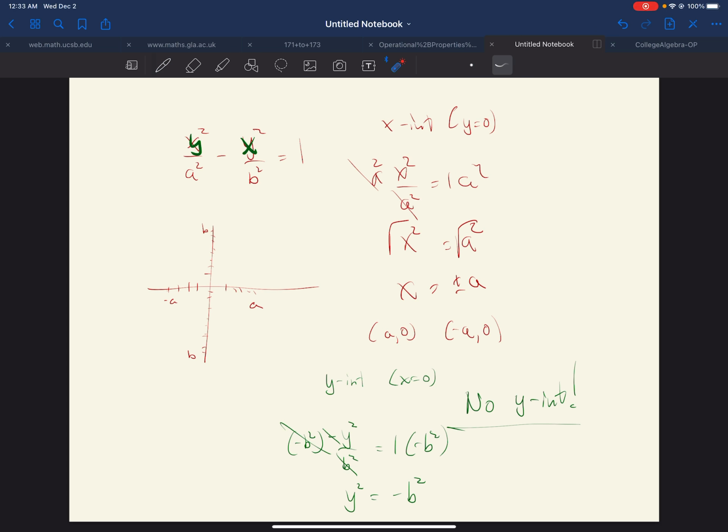Now, since the negative is attached to the x, when I let y be 0, I'm going to have an imaginary intercept on that x-axis. But when I let x be 0, finding the y-intercept, then y squared will be a squared, and everything will work out fine.